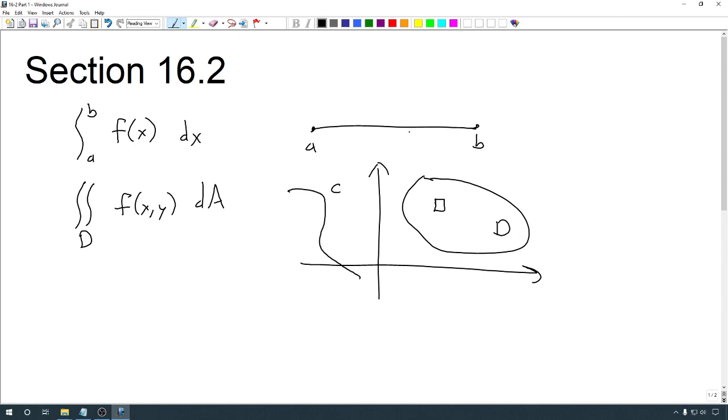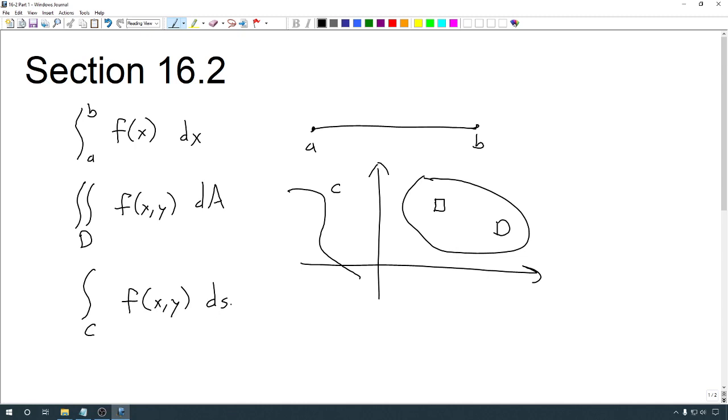We can essentially treat this as our integral over a function of one variable, but done over this curve instead of a straight line along the x-axis. We would write this as the integral over the curve C of our function, f of x, y, and we'll put ds.